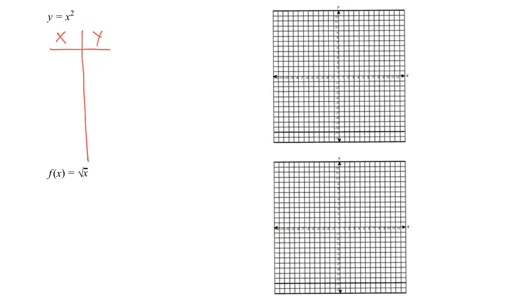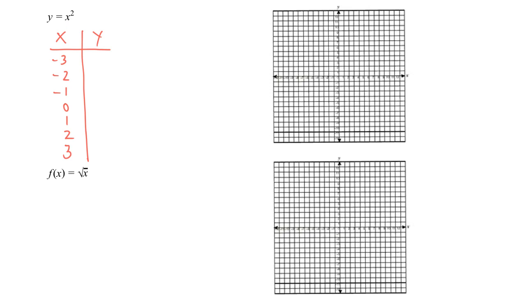And then you can choose at least 5, and I wouldn't say more than 7 values. So I'm going to do -3, -2, -1, 0, 1, 2, and 3. It's not going to take as long as you think to fill this in. So how do we get the y values? Well, remember from past math courses, you get the y value that goes with the x value by simply plugging in.